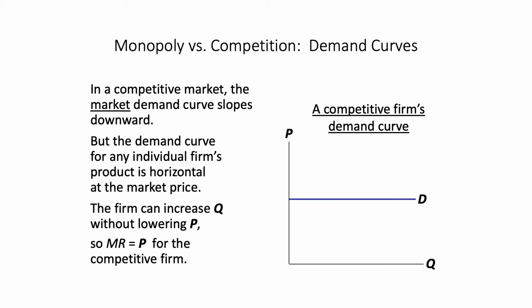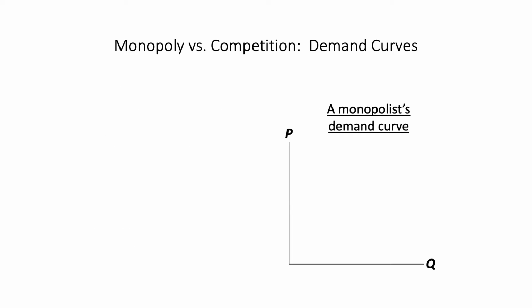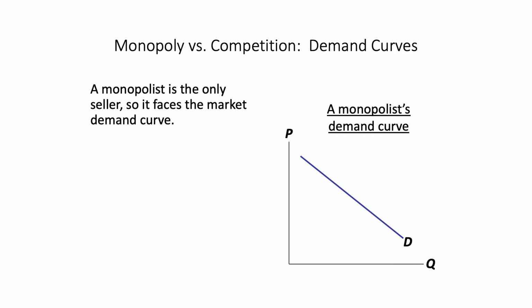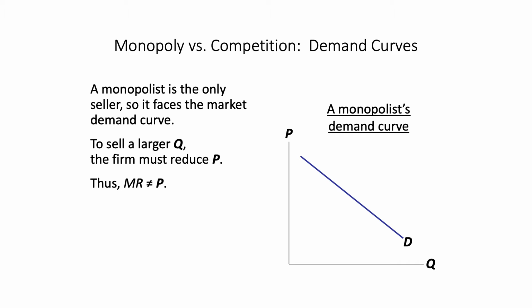Only in a competitive firm. In the case of a monopoly, a monopolist is the only seller, so it faces the market demand. To sell a larger Q, the firm must reduce its price. It's following the law of demand. Thus, the marginal revenue is actually not equal to the price.